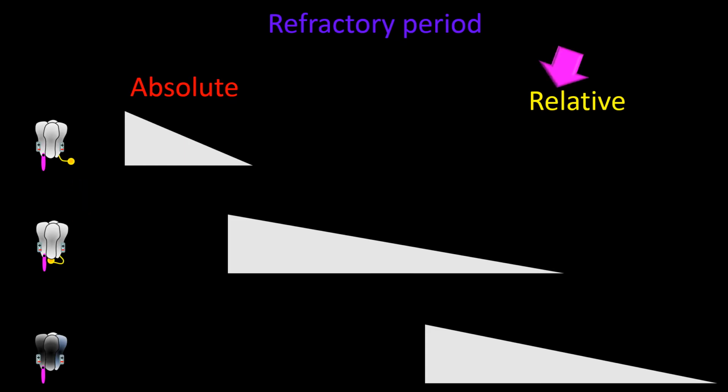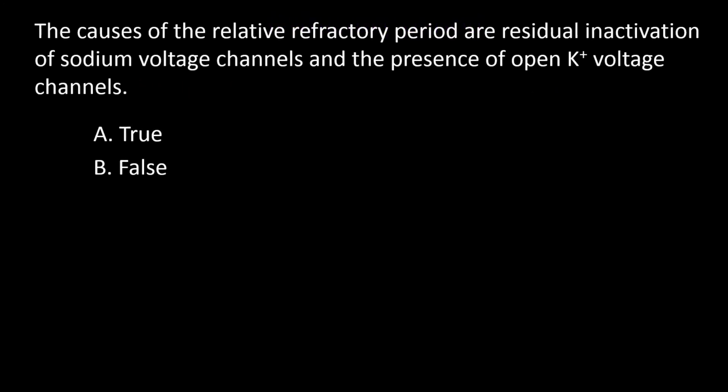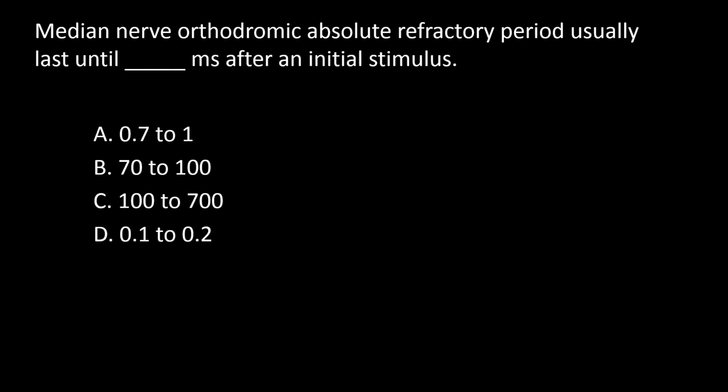During the relative refractory period, the primary cause for lack of reactivity is that voltage-gated potassium channels are open, and the second reason is that some voltage-gated sodium channels are still inactive. So the answer to this question is A. Next question.